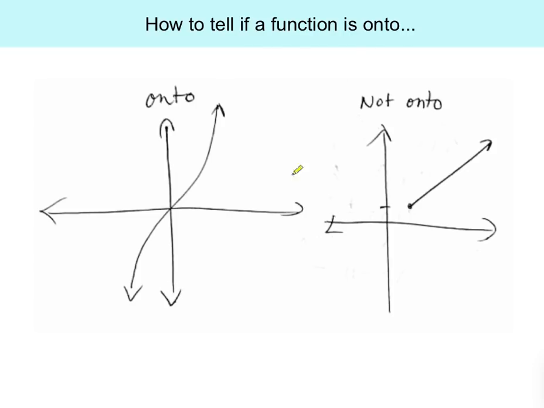So if I look at my y-axis, which represents all real numbers, it's onto if I can find an ordered pair on my graph that would contain every single y value along this y-axis. I think about it as if I'm taking my graph and I'm condensing it onto my y-axis. Every y value is mapped to.